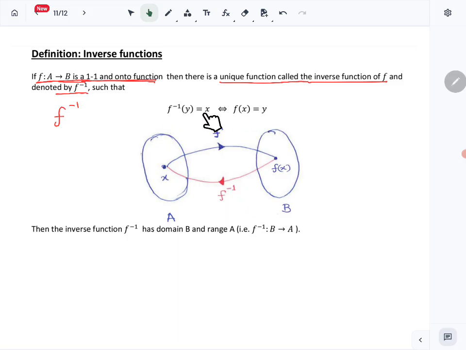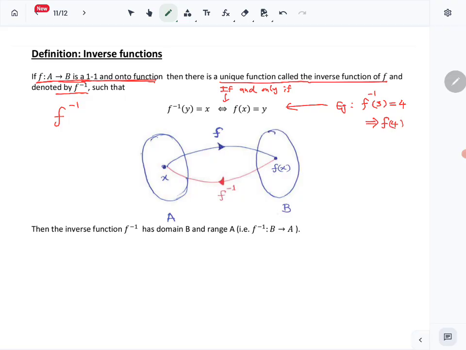And the f inverse function follows this special condition. f inverse of y equals x. This double arrow means if and only if. So f inverse of y equals x if and only if f of x equals y. So for example, if it is given f inverse of 3 is equal to 4, that implies what?